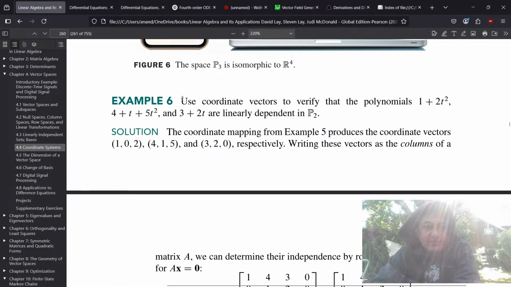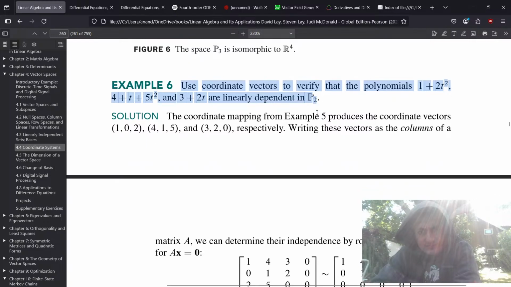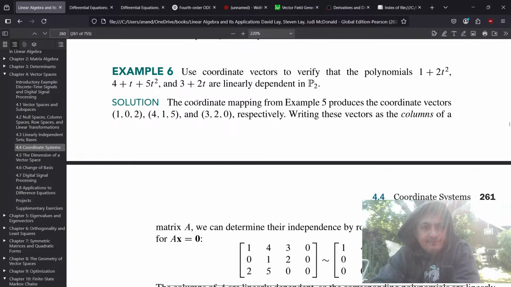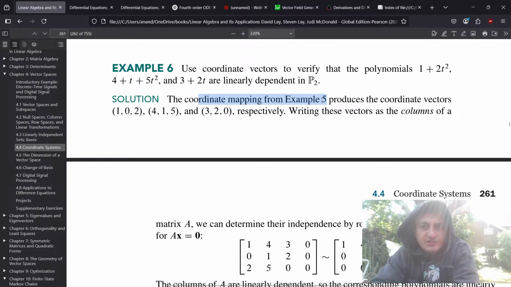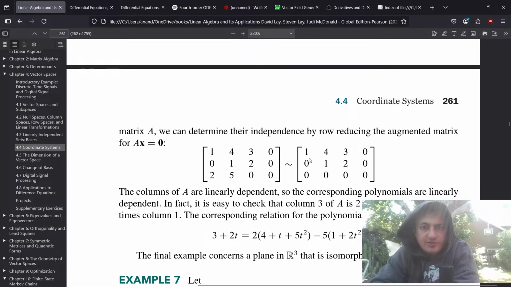Okay, example 6. Use coordinate vectors to verify that the polynomials 1 plus 2t, 4 plus t, and 3 plus 2t are linearly dependent. The coordinate mapping produces, from example 5, the coordinate vectors. Writing these vectors as the columns of matrix A, we can determine their independence by row reducing the augmented matrix.